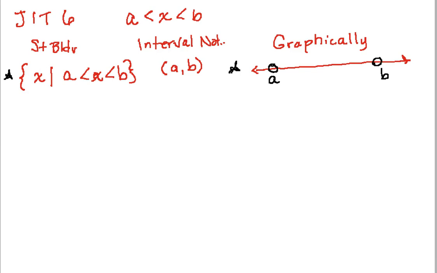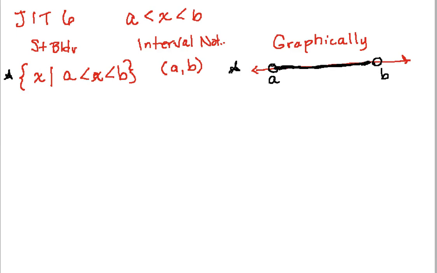That means we are not including them. When it's an open dot like that, it means we don't include that value. I know that seems kind of superficial, but it's one way to address it. So that would be our graph using one of the two formats that you can do graphically.